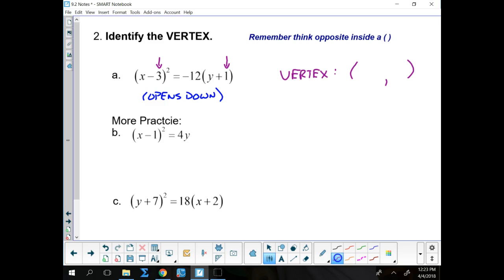It looks like -3, right? What's the opposite? +3. So my vertex is at 3, comma, -1, because it looks like +1, but it's in a set of parentheses, so I think oppositely.